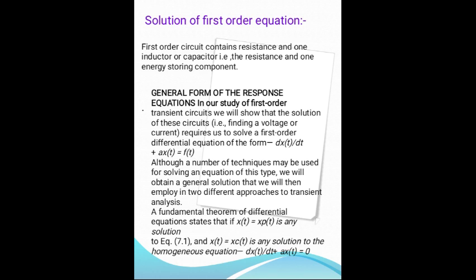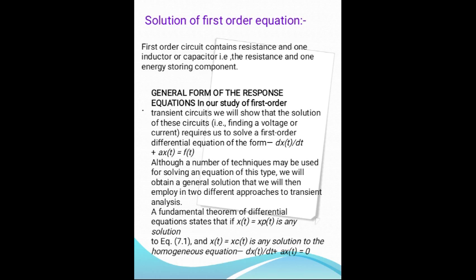So first of all, what are the differential equations of order first? What is the order of differential equations and how can it be determined? Order of a differential equation is given by the maximum derivative of the equation. If there is the equation dx upon dt plus x(t) is equal to y, then the order of the equation is 1.